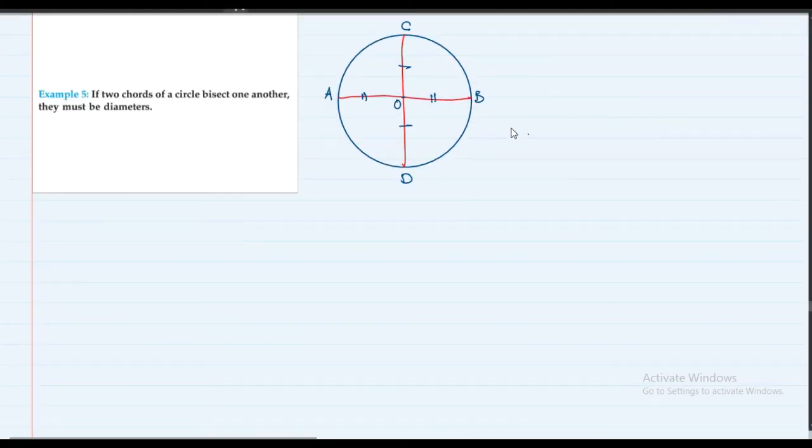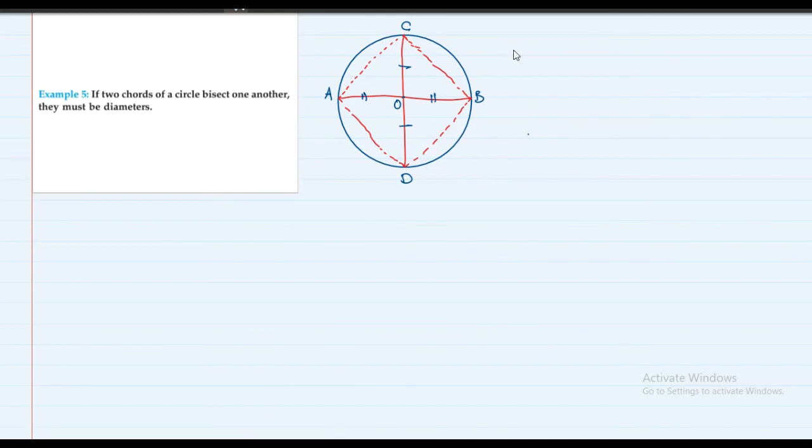So there is one small construction which we have to do over here. We have to join AC, BC, AD and BD with dotted lines.